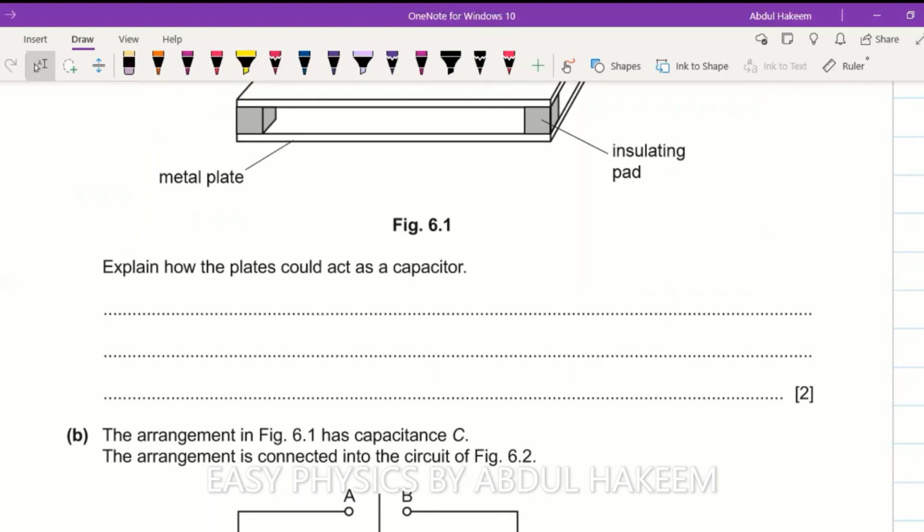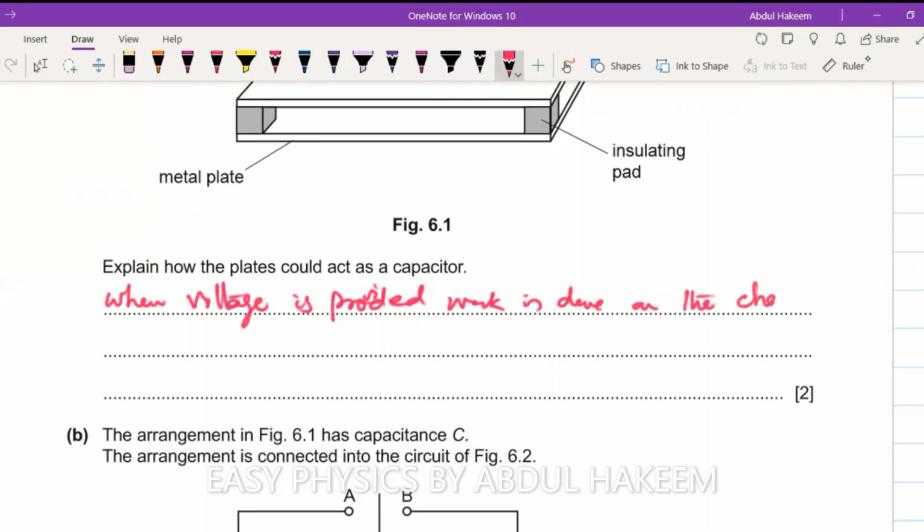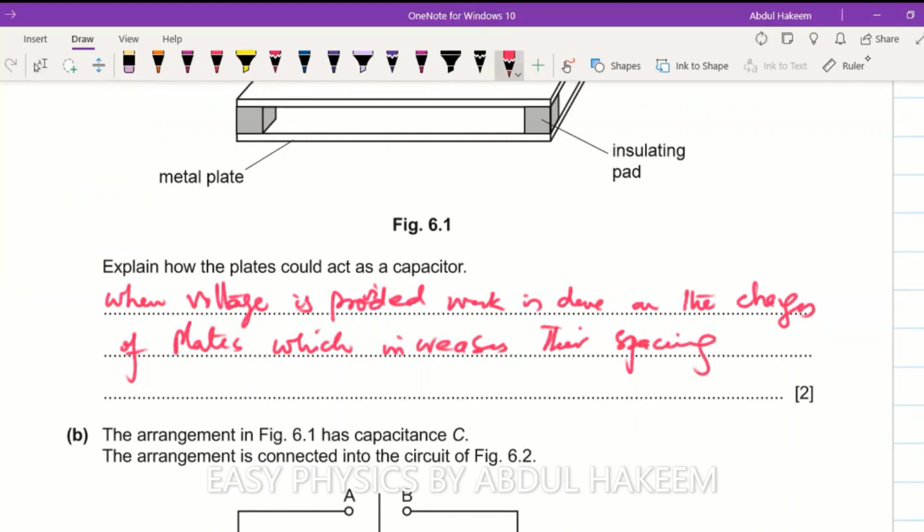Look, when a voltage, or potential difference, is provided, work is done on the charges of the plates, which increases their spacing, and the work is stored as electric energy.